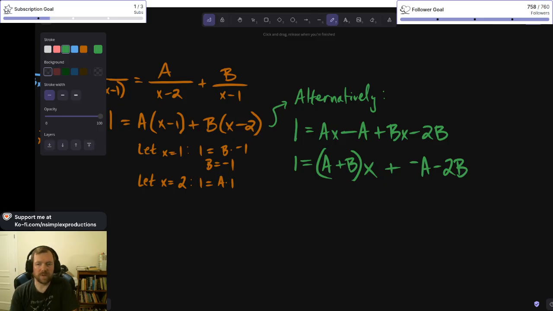And we also know that the other side has a 0 plus 0x. Because this has to work for all possible values of x, the only way that's going to be possible is if the coefficients are the same on either side. And so here we get 0 is equal to a plus b, and 1 is equal to negative a minus 2b.